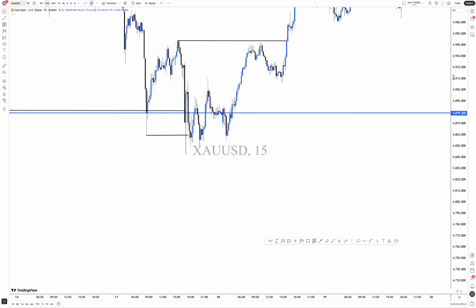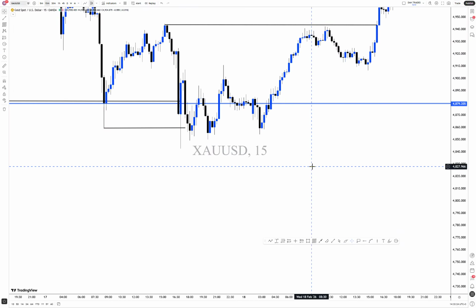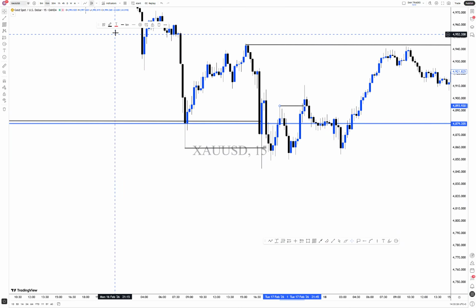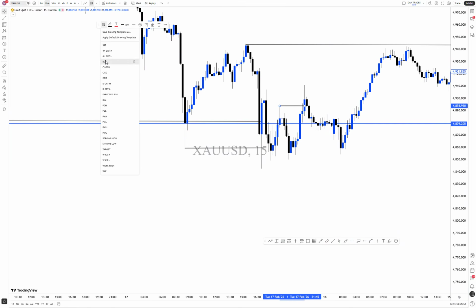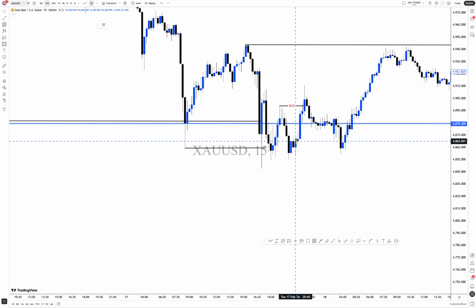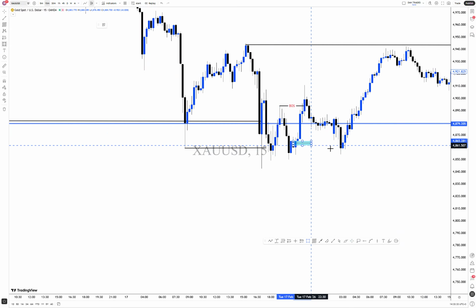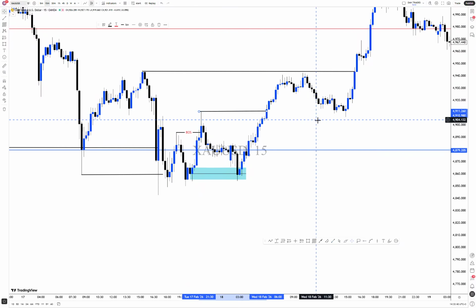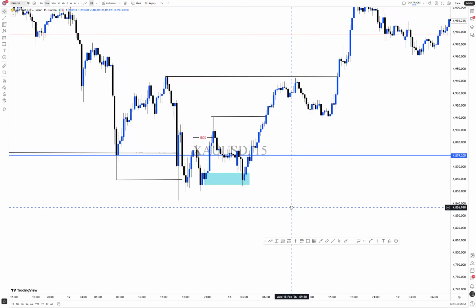But around this area, we have an internal change of character, whereby it originated from that order block, and then we managed to have that as the breakout structure, right?